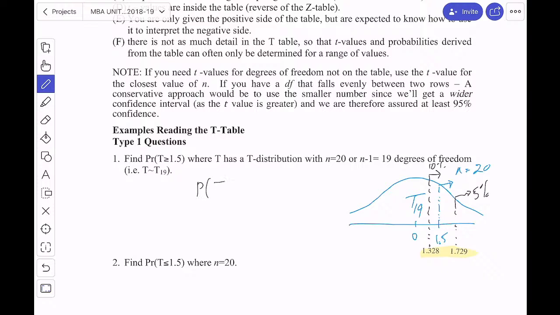So the best we can do using the table is say that the answer to this question, to the right of the t distribution, and I'm going to put 19 in here. Let me do that again. To the right of the T19 distribution at 1.5 is equal to between 5 and 10%. We don't have an exact value. That's the best we can do.